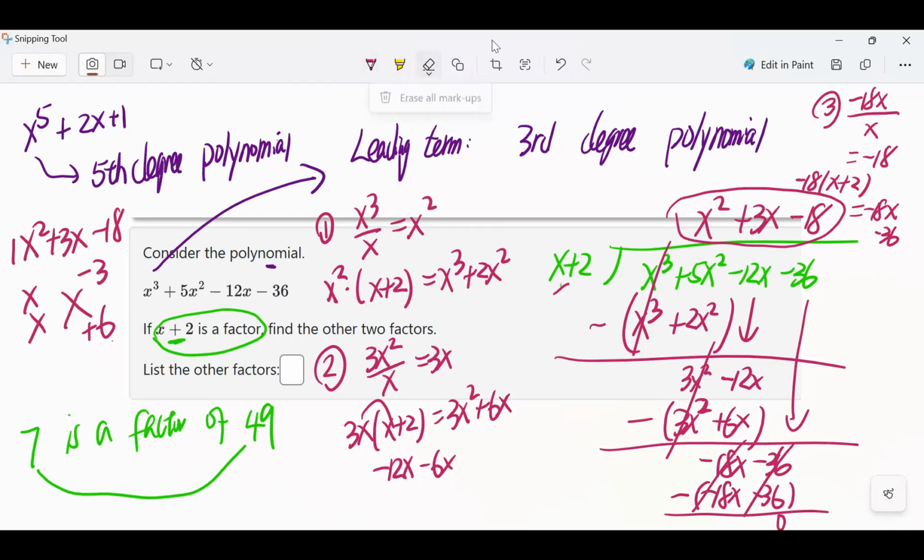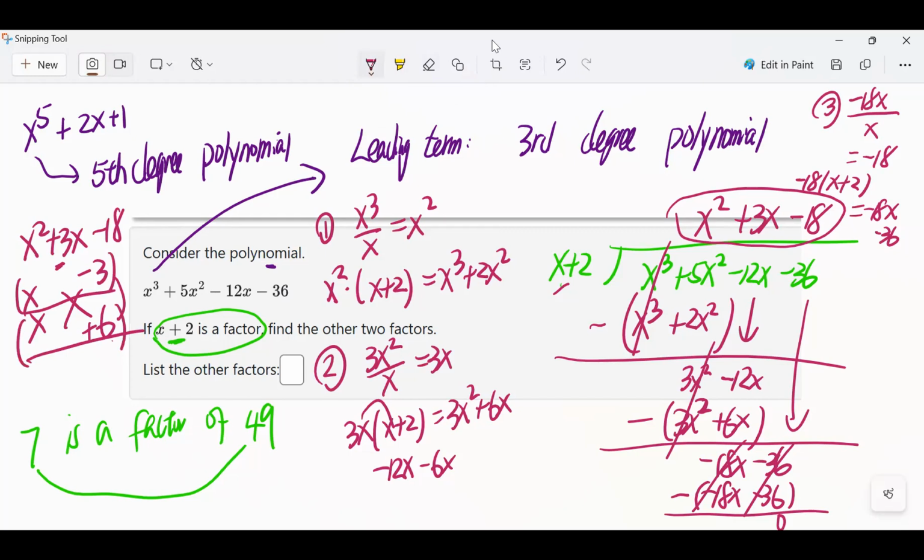But here it works because the leading coefficient turns out to be 1. And if you multiply these two, you get minus 18. You multiply x and x, you get x squared. When you add them, you get 3, which is the middle term. So the two factors are x minus 3 and x plus 6.